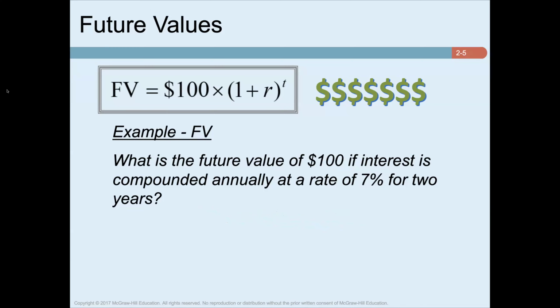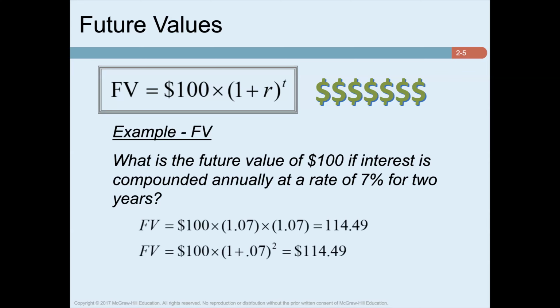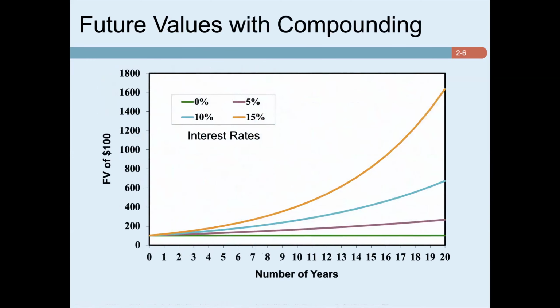That's how it is calculated: 114.49. So the future value with compounding is 1 plus r to the power of t, the number of years. With that, we see the power of compounding interest rates.